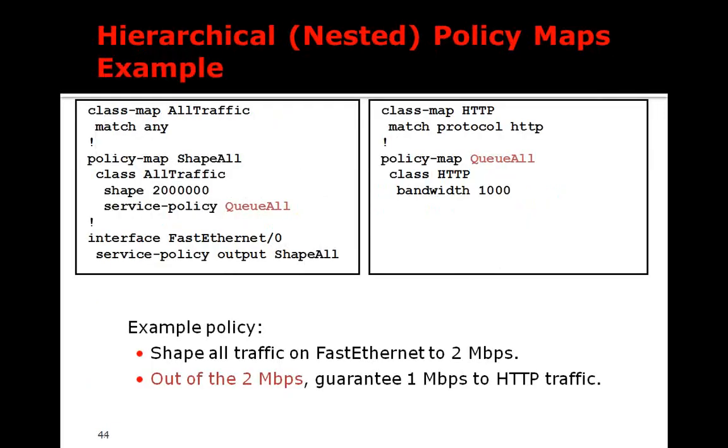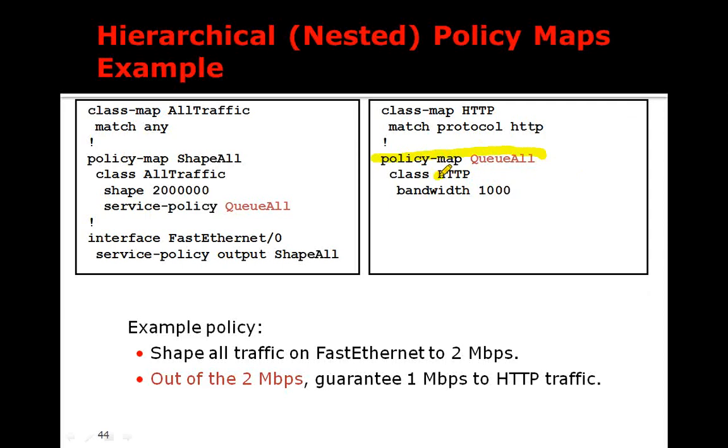So here's an example where we've got a class map, all traffic match any, policy map, which has a shape to 2 meg, and then the service policy where we've actually put the QoS into that. So here you can see that basically we've got this QoS on this right-hand side, so policy map QoS.